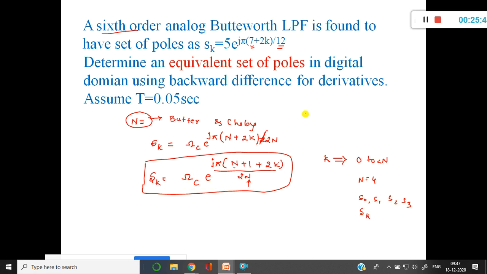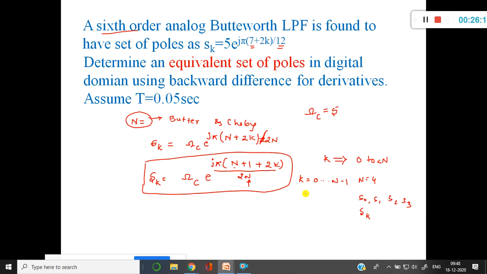Now this is the cutoff frequency. From this I can ensure that the cutoff frequency is 5 radians per second. That is one point. The second point is I need to determine the set of poles. How do you solve this? By putting k equal to 0, k equal to 1, till what value? Till it reaches 5, because the k value moves from 0 to n minus 1.